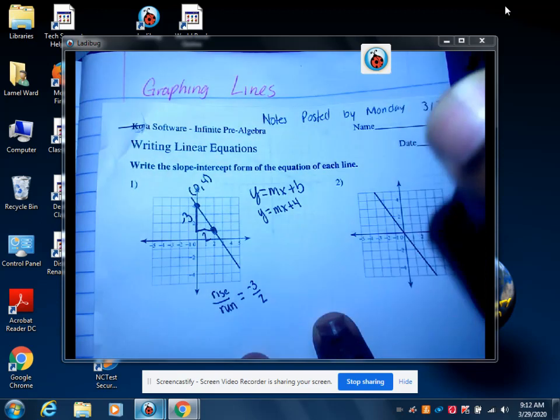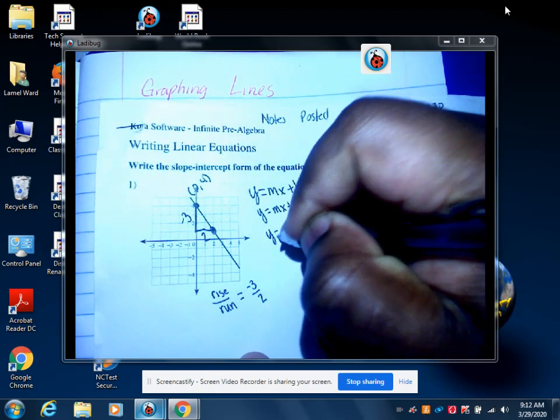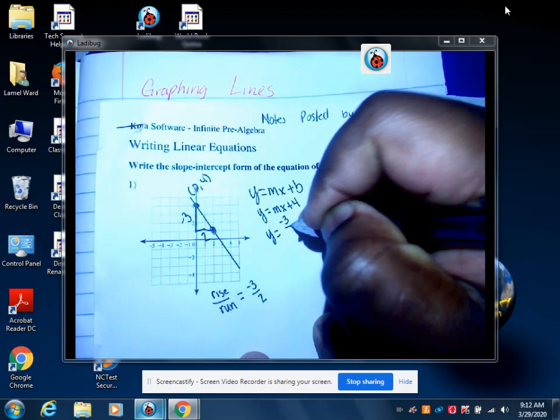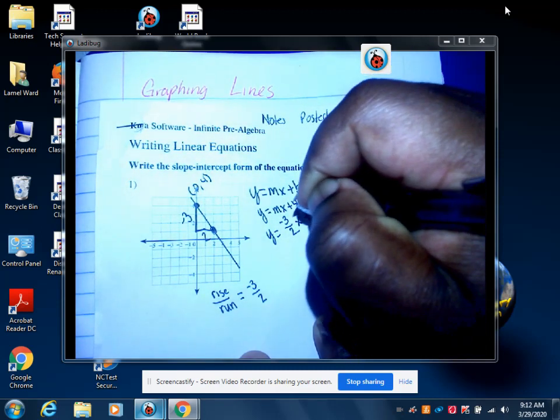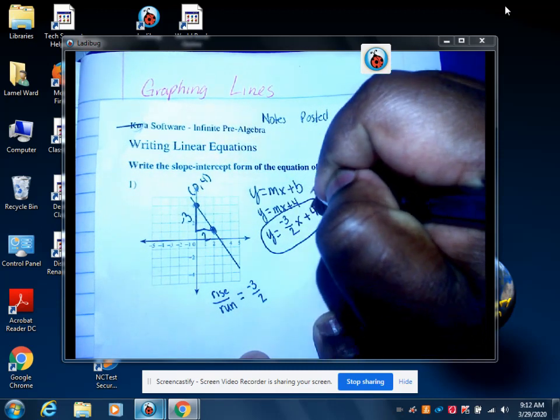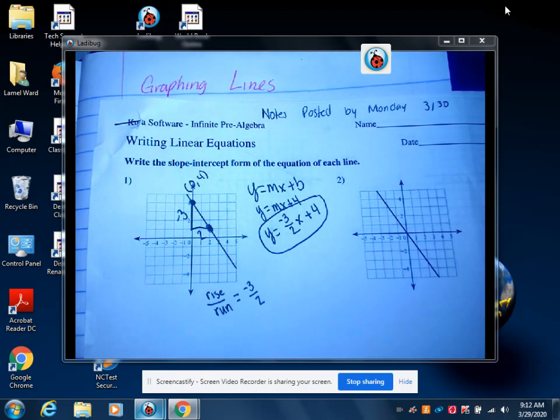So now our equation becomes y equals -3/2 x plus 4, and that is our equation. It's not really a hard lesson, though it's important. It's just finding your y-intercept, plugging it in, finding your slope, plugging it in, and you have your equation.